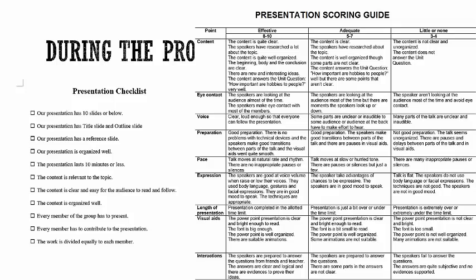And also the presentation scoring guide, because I will base on the points here, the content, the eye contact, the voice, the preparation. So the student will learn this and prepare for the presentation.